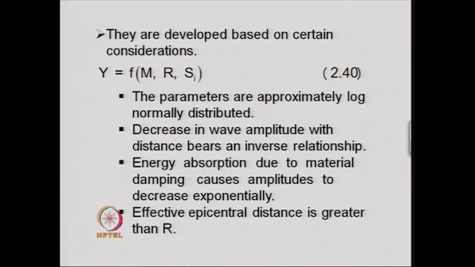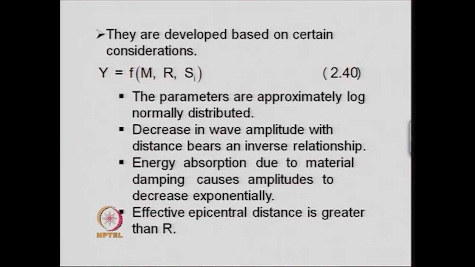They are developed based on certain considerations. Equation 2.40 shows the predictive equation, and its form is generally a function of magnitude, epicentral distance, and any other important parameter, as I told you before.